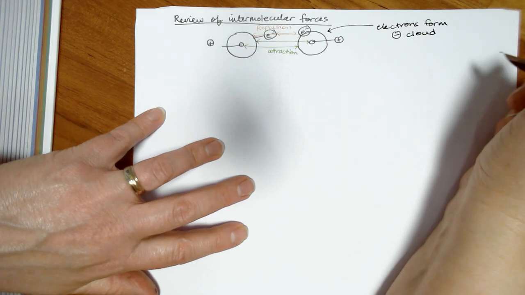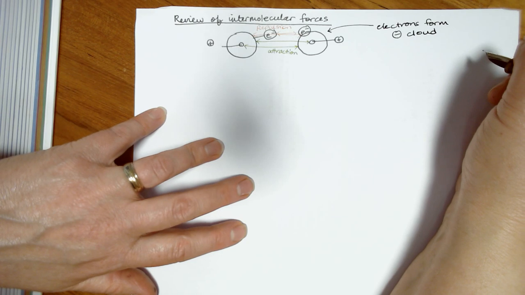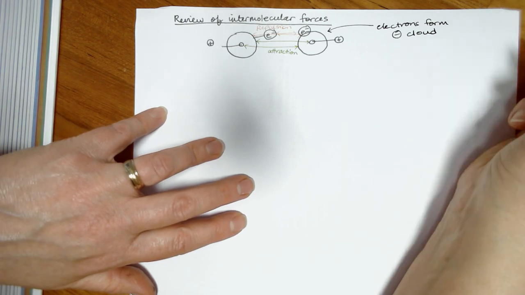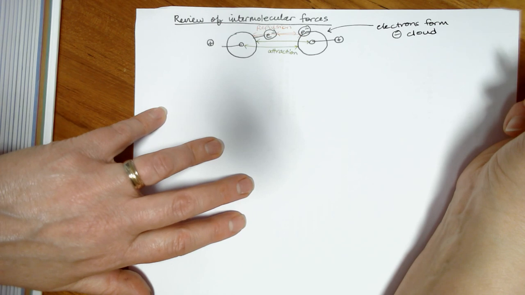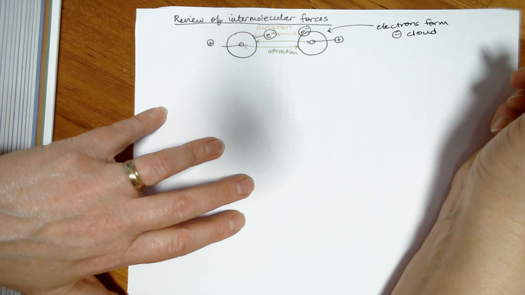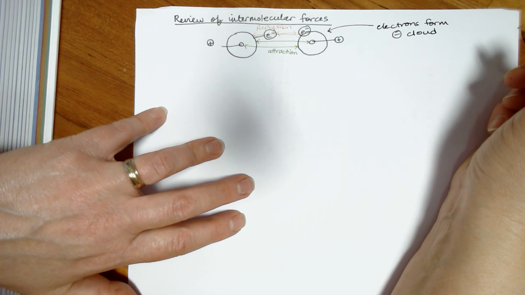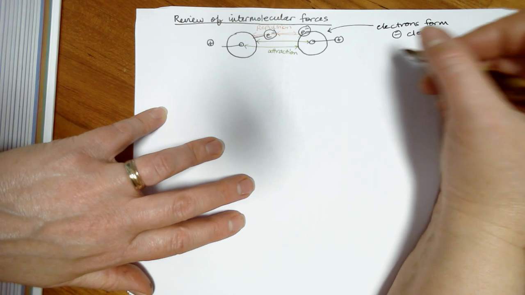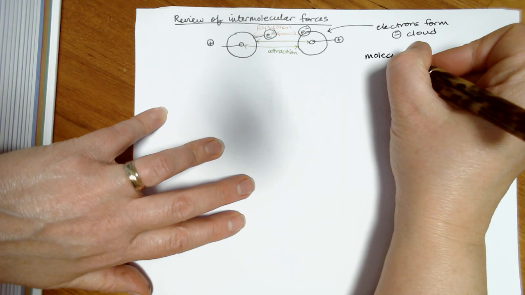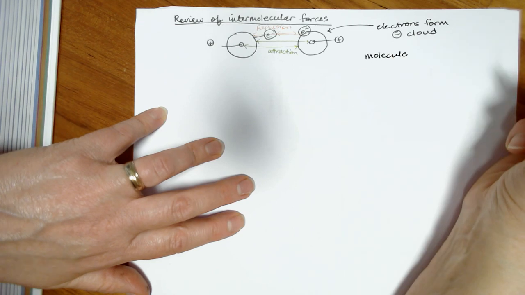We don't really know where the individual electrons are, if you can even think of electrons as individuals, because they have wave-like characteristics as well as particle-like characteristics. So the easiest way to think about electrons for our purposes is as a negatively charged cloud.